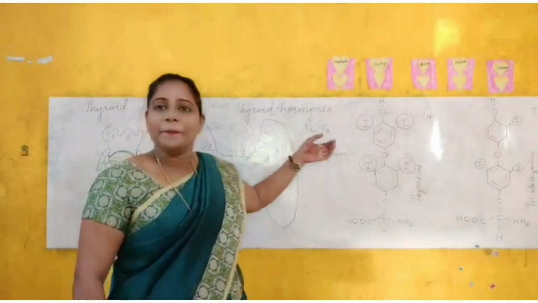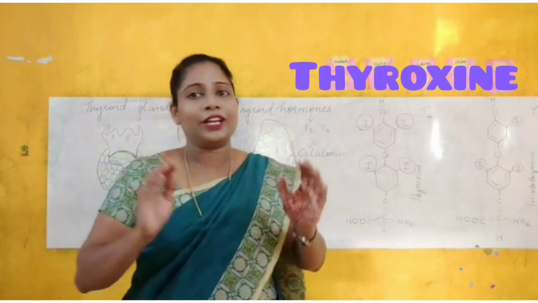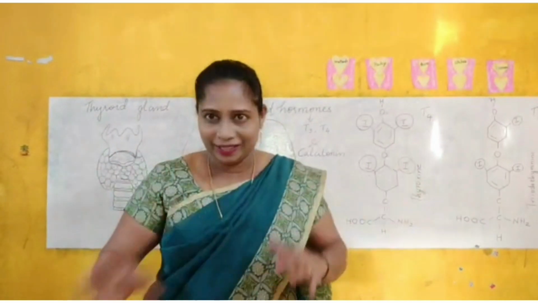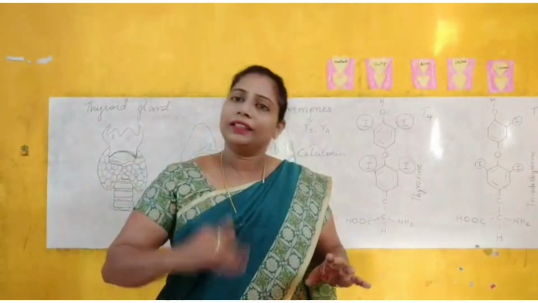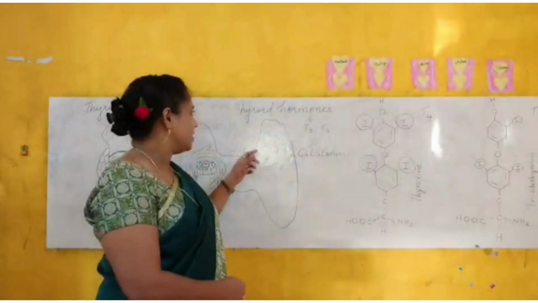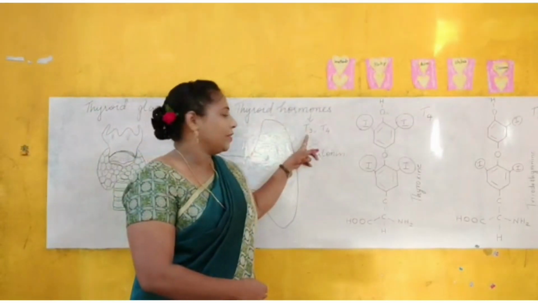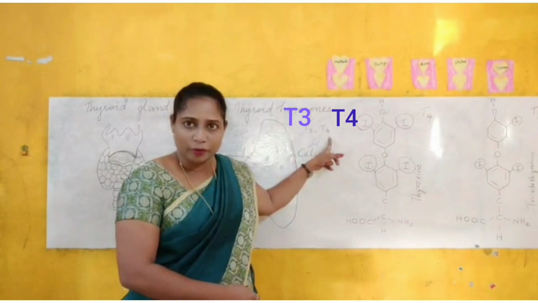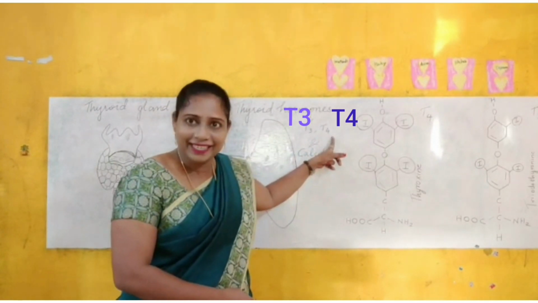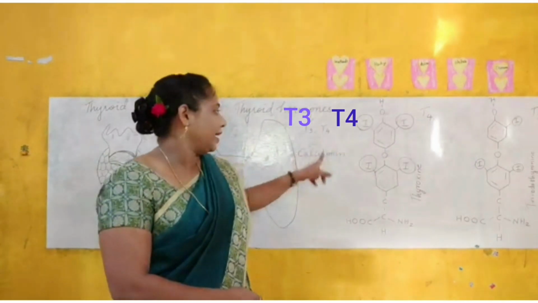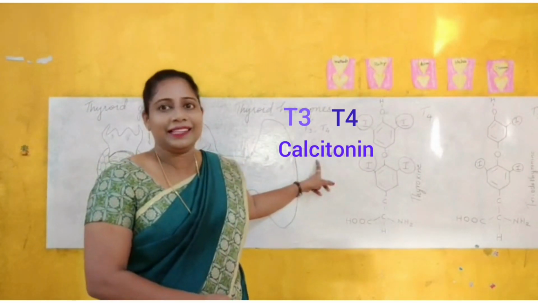You would have heard about thyroxine, isn't it? Thyroid gland produces thyroxine. Very good. Other than thyroxine, they also produce some more hormones. So we shall discuss what they are. We have T3 hormone, T4 hormone. T4 is thyroxine, and calcitonin.